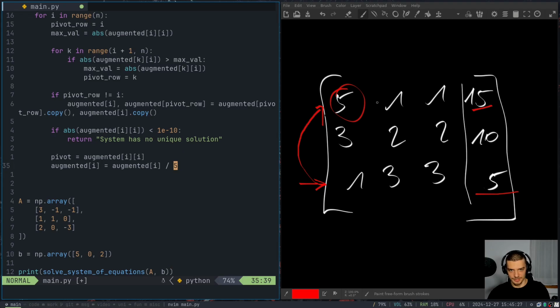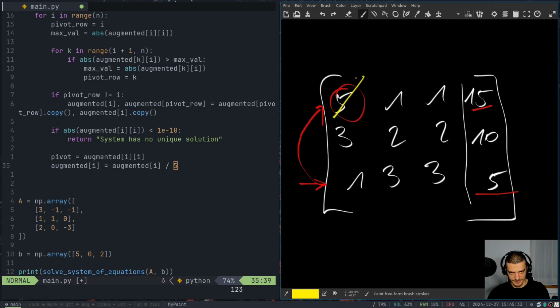So we're taking all these values here and replacing them. So this becomes 1, this becomes 1 over 5, this becomes 1 over 5, this becomes 3, and so on. We do this to get the reduced row echelon form where we have the 1s on the diagonal. So we want to have 1, 1, 1 here. This is why we do that.